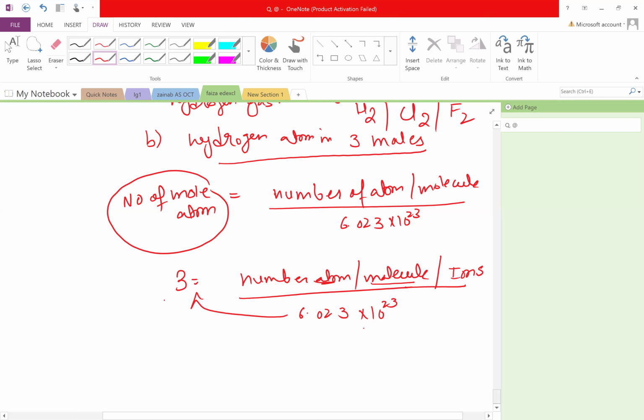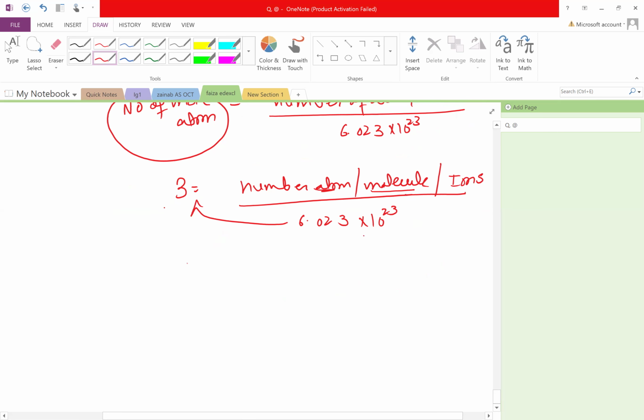So when you multiply these two, you are going to get the number of atoms or number of molecules. So that means 3 multiplied by 6.023 into 10 raised to power 23 will be the number of H2 molecules. Got it or no? Yes, got it.